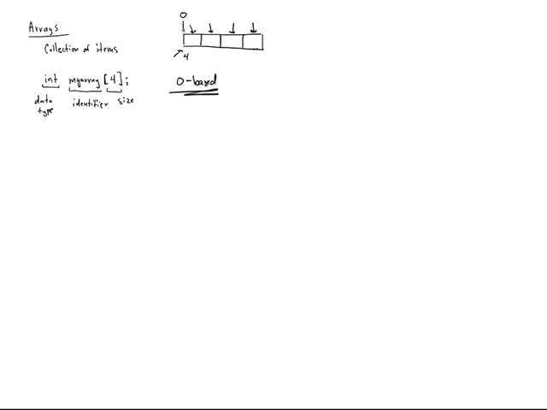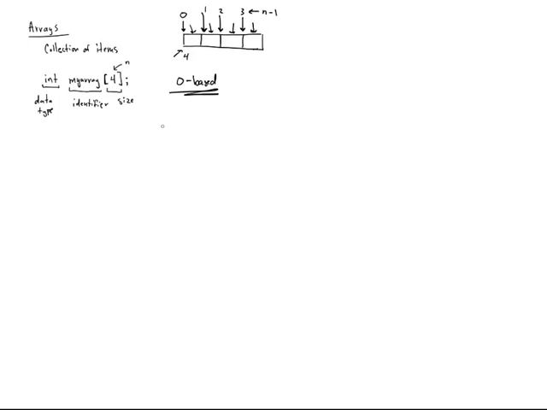So this right here is the 0th element. This is the first, this is the second, and the last one is the third. So if the size is n, the last element is always n minus 1.